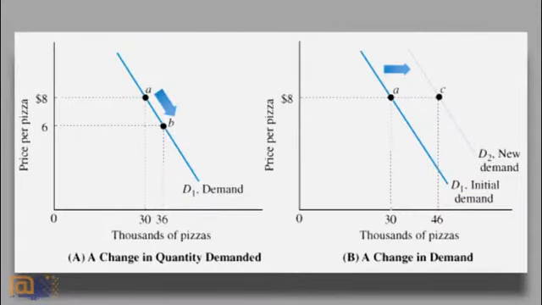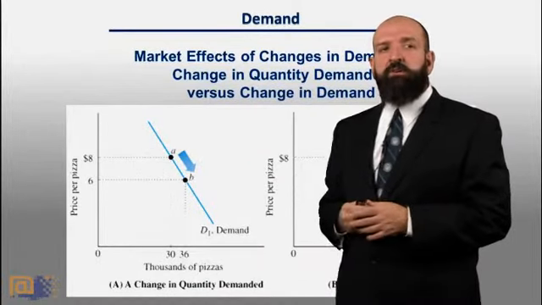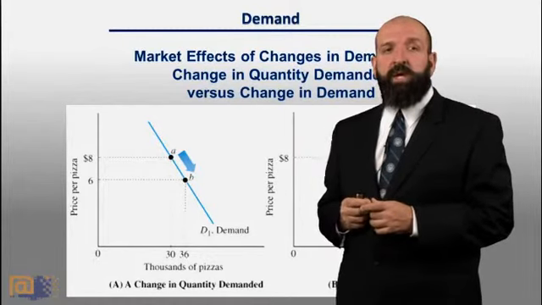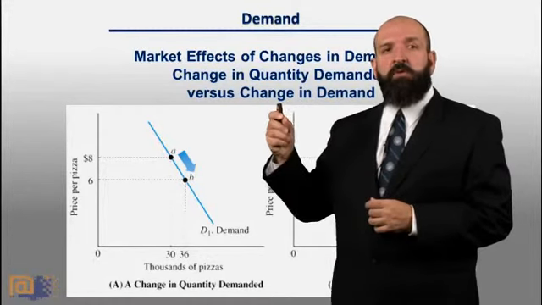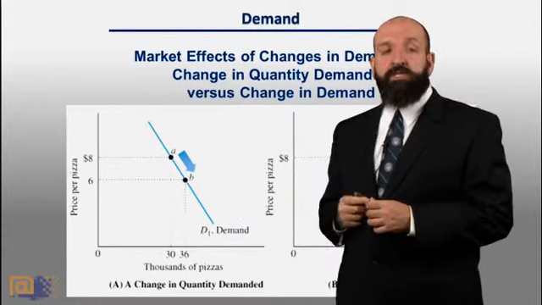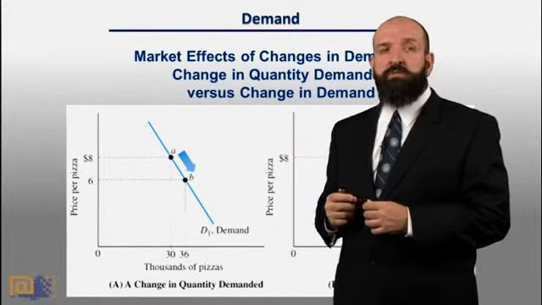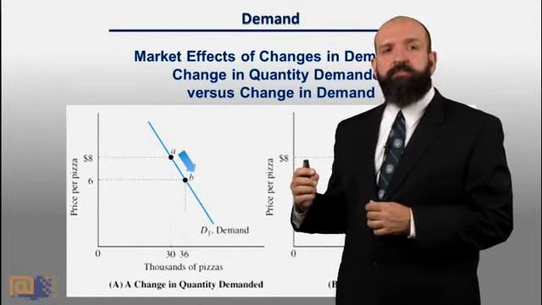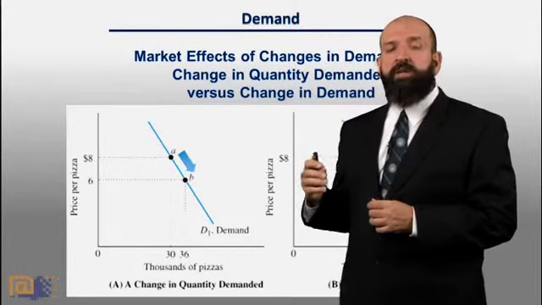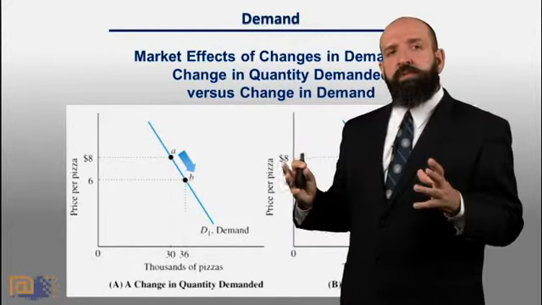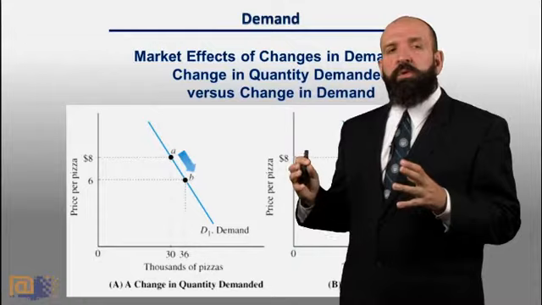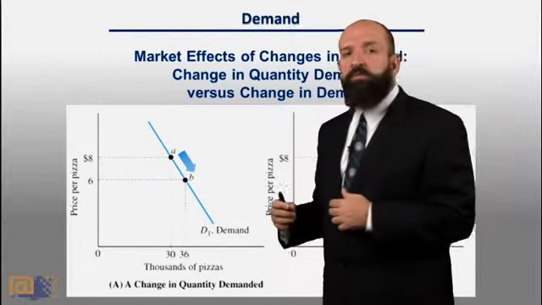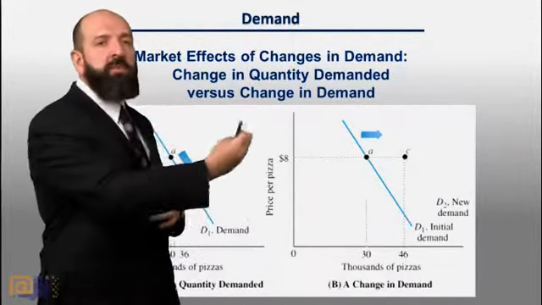Here's an example. There's a difference between change in quantity demanded and change in demand. So this graph over here represents the law of demand. We see from moving from point A to point B, as the prices drop, the quantity demanded actually increased. On the other hand, if there is something that affects the whole demand schedule, we will be moving not along the same demand curve, but we will get a whole new demand curve.